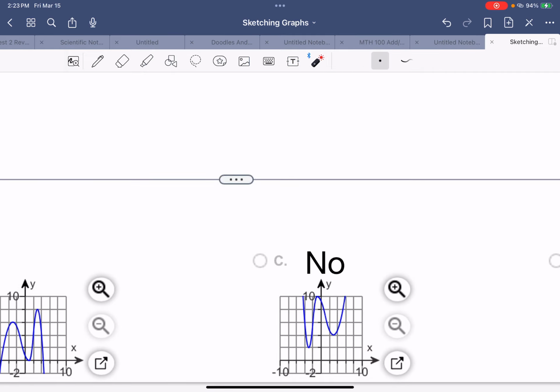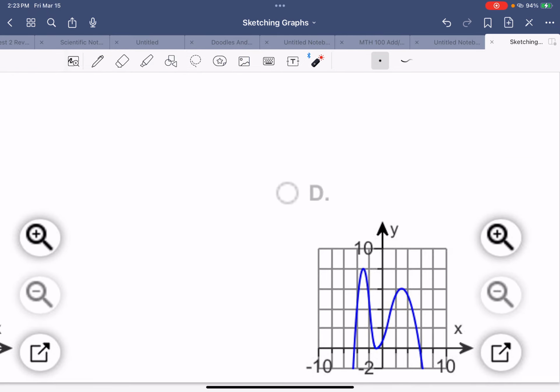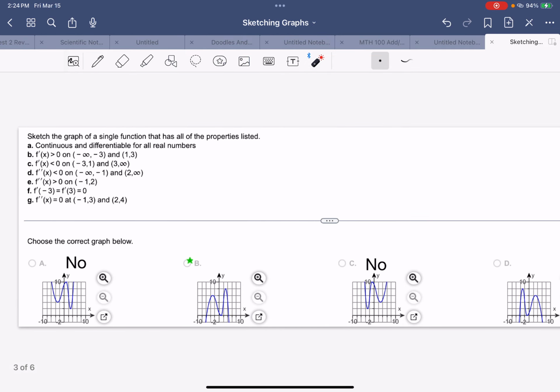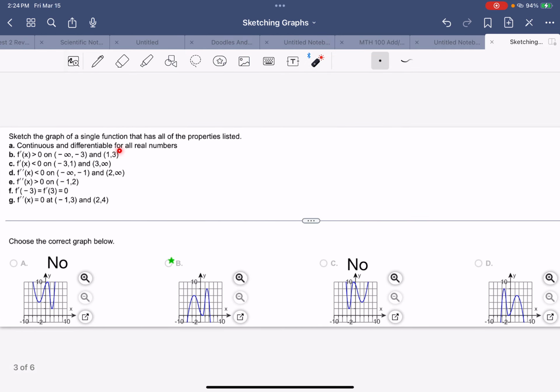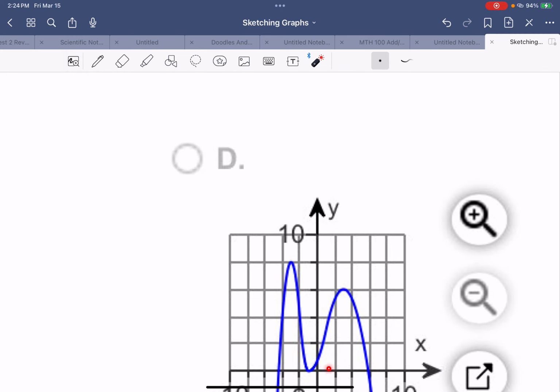And let's see about choice D. Choice D is actually rising from negative infinity to 3. But remember, the second place it was supposed to rise was from 1 to 3. And so I'm looking at this graph, and look, 1 is over here. It's actually rising from negative 1 to 3.